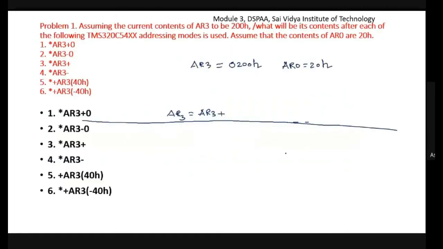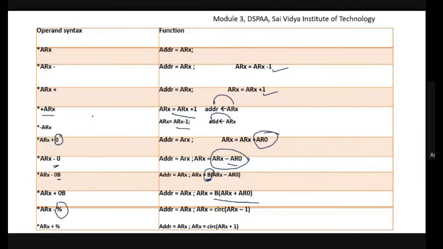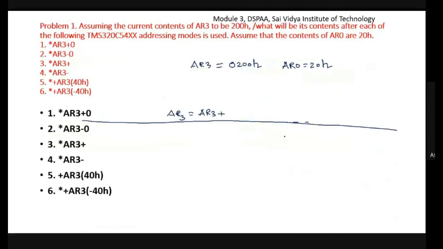So here 0 is there. If you observe star AR3 plus 0, this is the instruction. Star ARX plus 0, what is happening? The value of ARX is equal to ARX plus AR0.